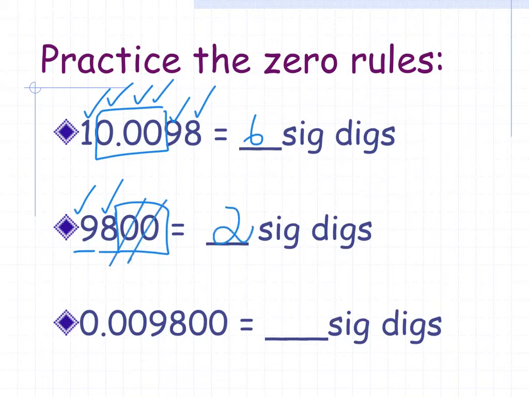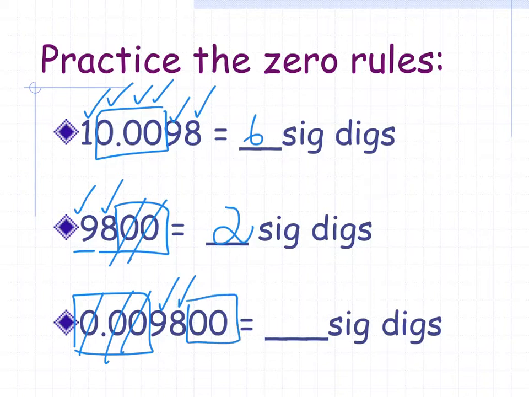So when the answer is no decimal, no count. These are leading. No, no, no. Yes, yes. These are trailing. Is there a decimal? Yes. So do they count? Yes. The answer is 4.